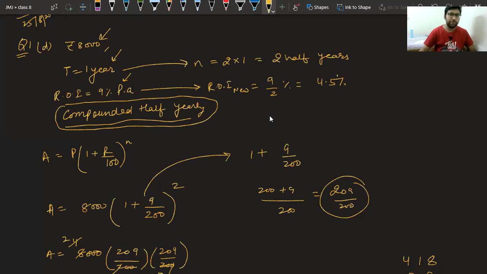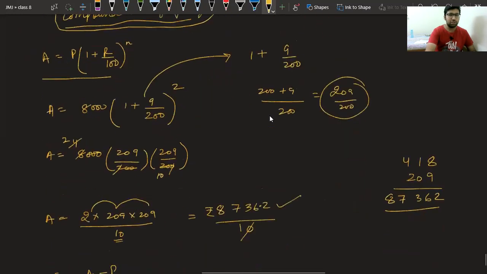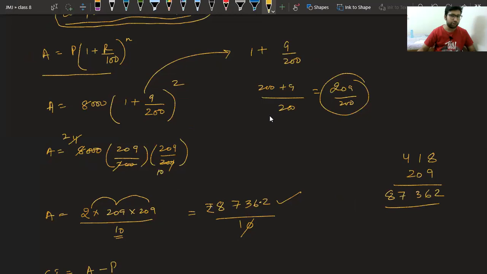So time period became 2 half years and rate became half, that is 9 upon 2, which is 4.5% or 9 upon 2%. Now just putting the values in the formula, I got the amount as 8736.2. Then we subtracted it from principal and we got the interest.